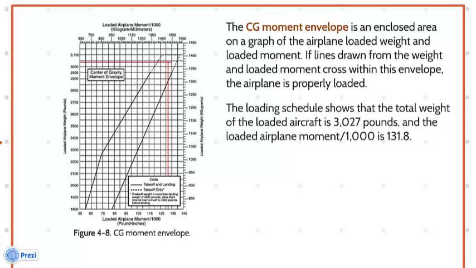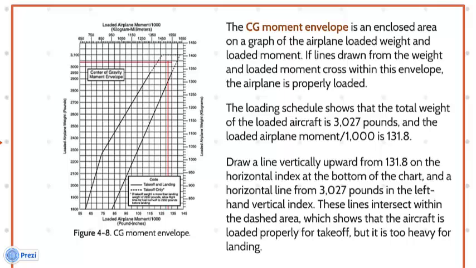The loading schedule shows that the total weight of the loaded aircraft is 3,027 pounds, and the loaded airplane moment per 1,000 is 131.8. Draw a line vertically upward from 131.8 on the horizontal index at the bottom of the chart, and a horizontal line from 3,027 pounds in the left-hand vertical index.